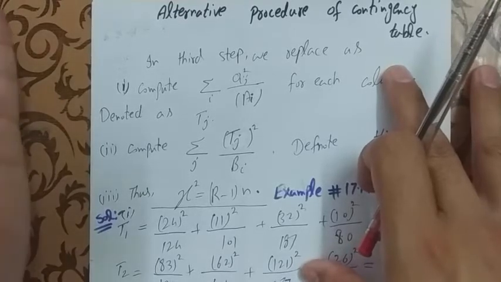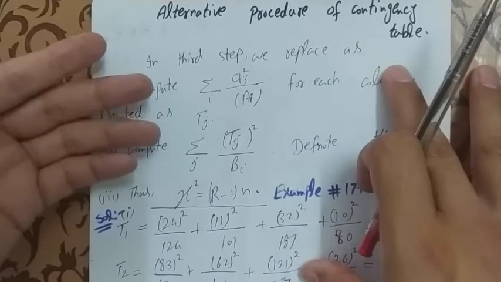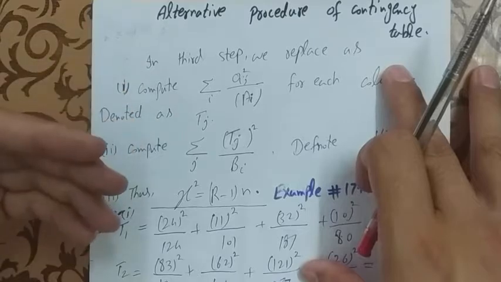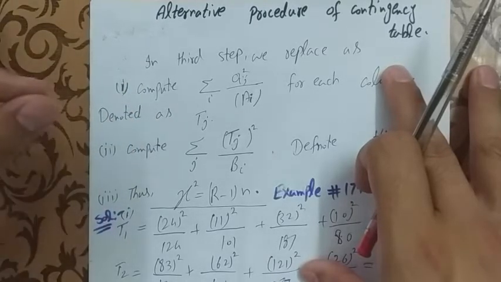The only difference between the previous contingency procedure and today's is the third step, that is the test statistic.